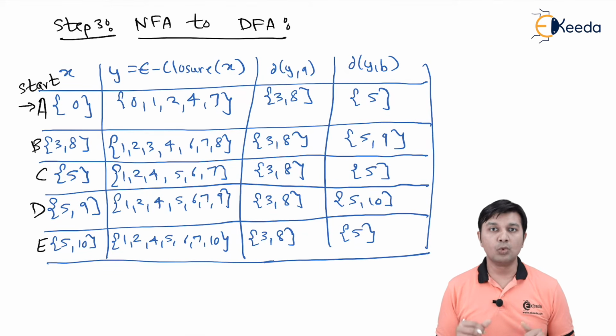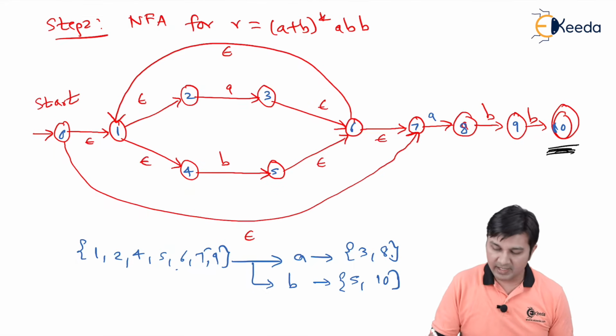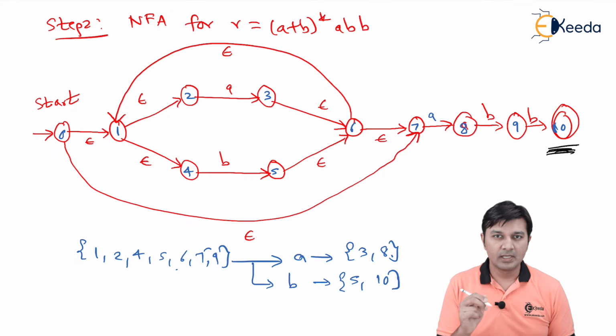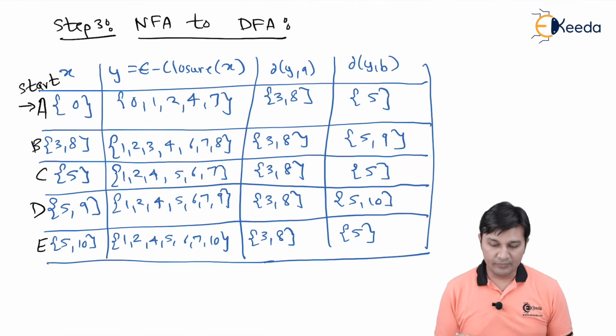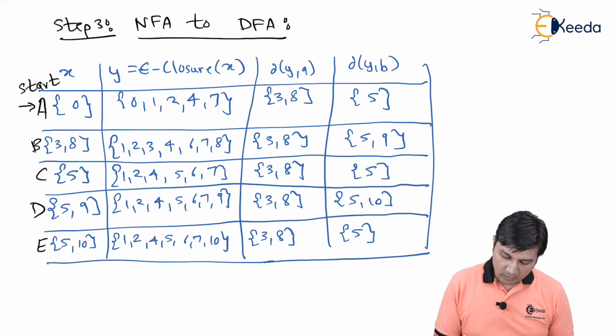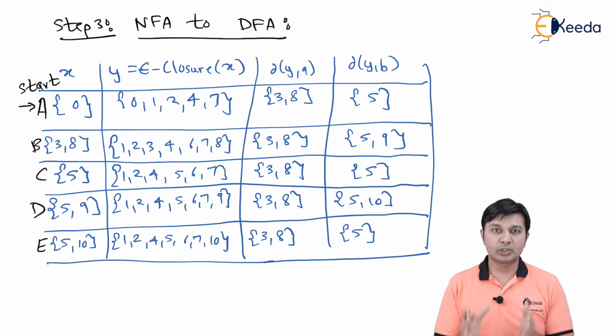There is again a rule in understanding what to be marked as the final state, and the rule says go back to the diagram. If I observe in the diagram, my final state is the state which is double circled and the number of the state is 10. Remember the number and come back to the transition table. If you observe in the transition table, besides A, B, C, D, E, that is I'm talking of the X column.